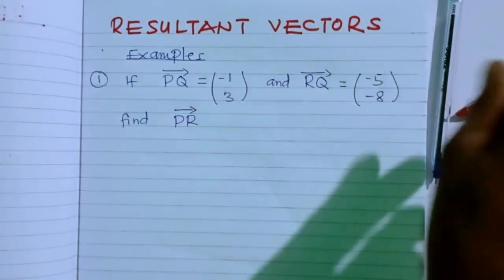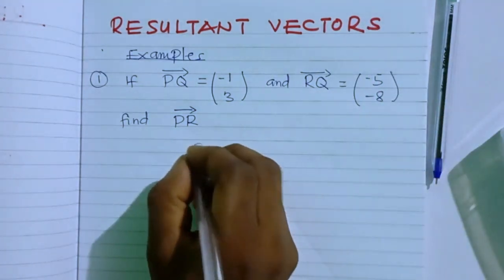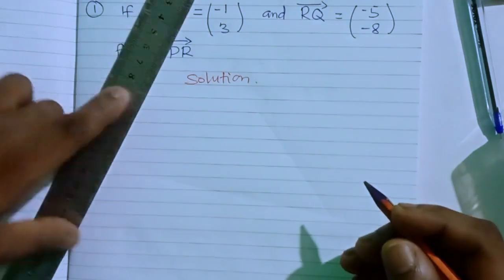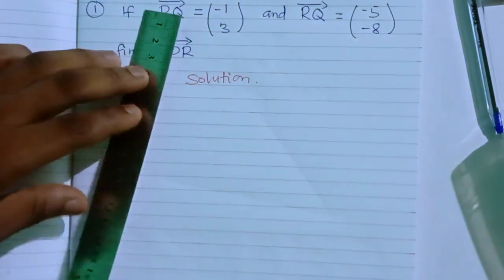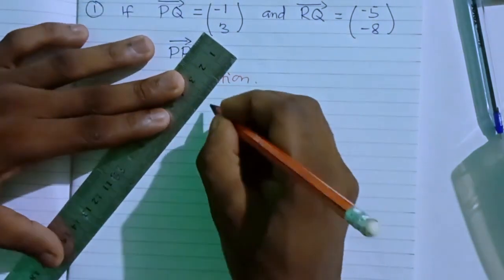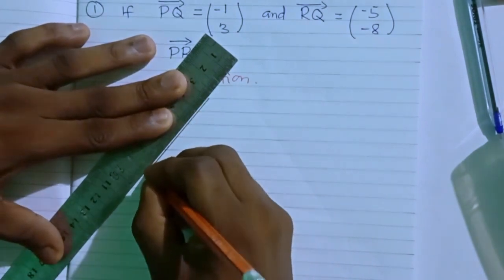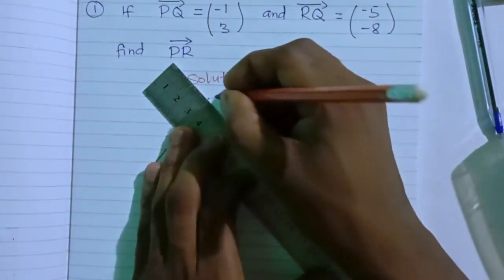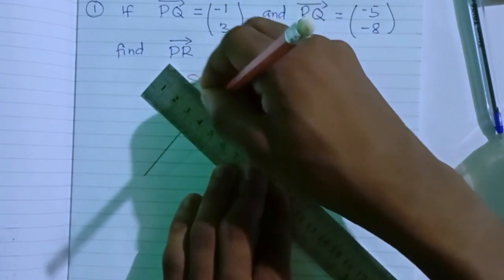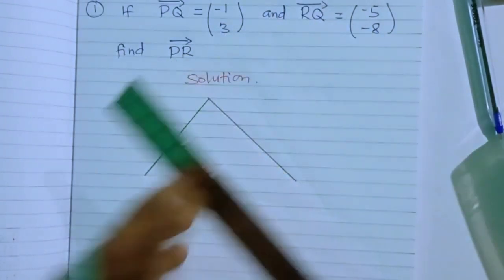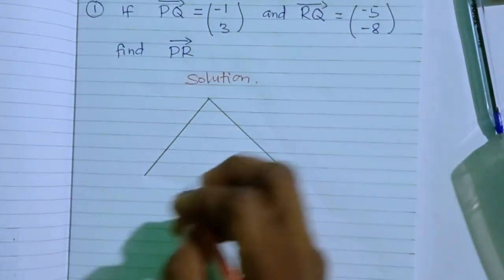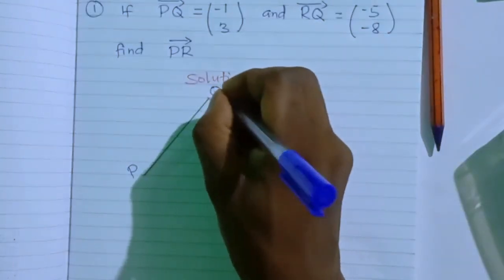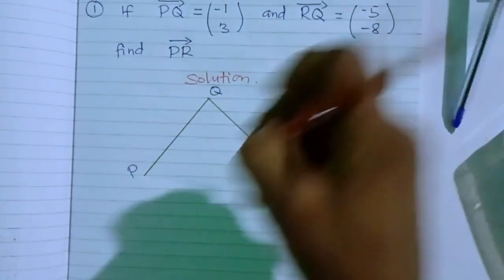Okay, so my solution. I first have to draw. So I have PQ, so I'll draw a triangle. So there's my triangle. Then I draw the other side of the triangle. So this is PQ, vector P, vector Q, and I have the arrow on it.